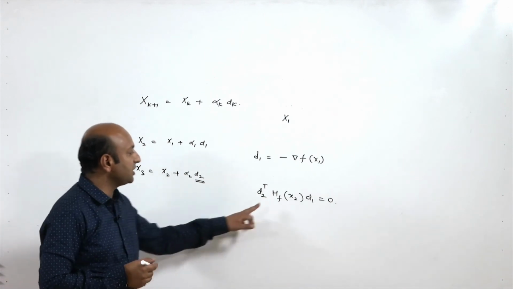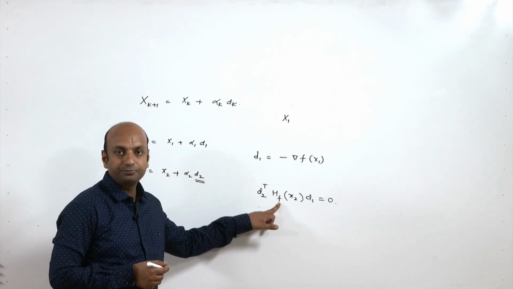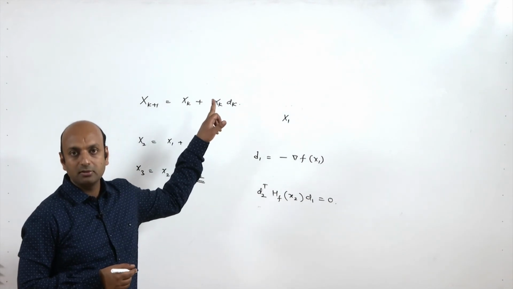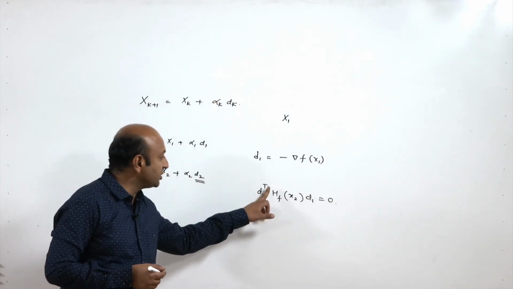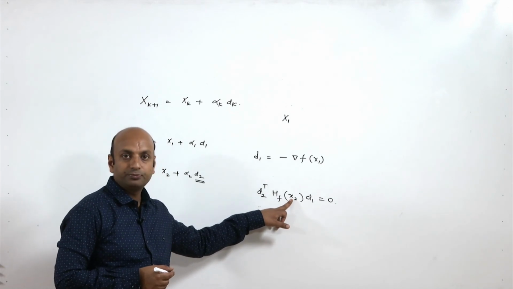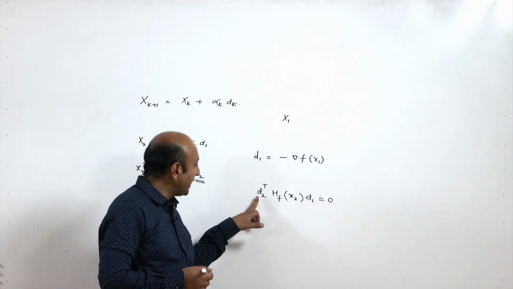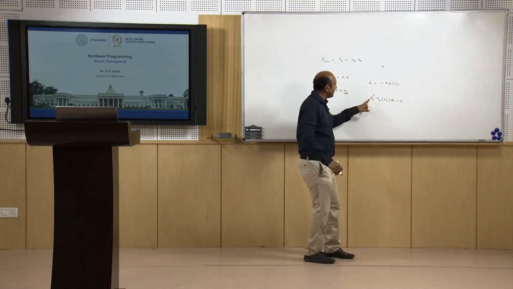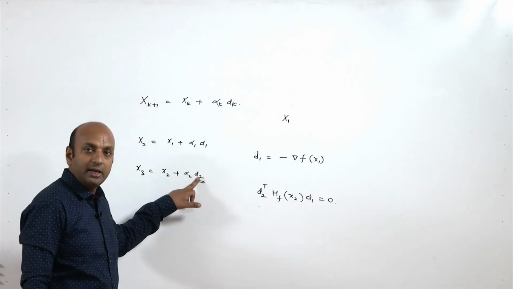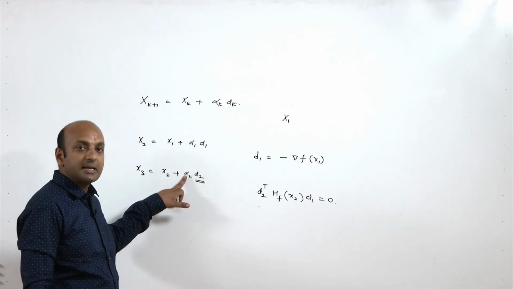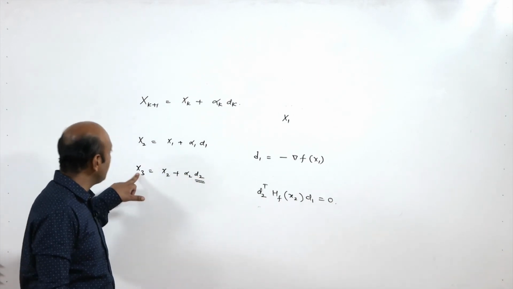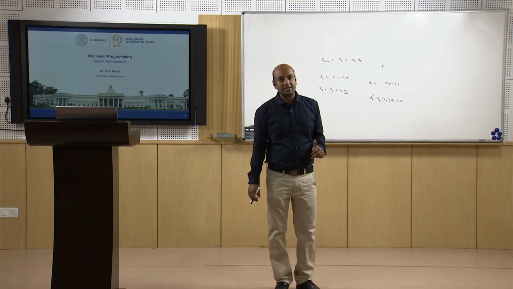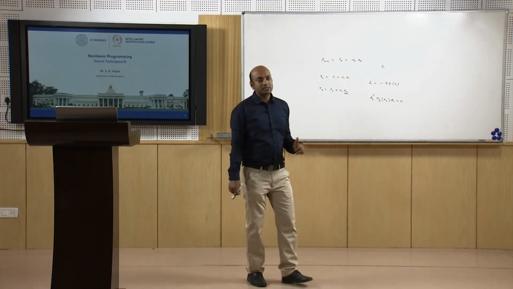Basically we find the Hessian matrix of f, where f is the given function which we have to optimize. Okay. We find the Hessian matrix of f at x 2, and we find a conjugate direction d 2 with respect to d 1. In this way we find d 2, and substituting d 2 over here, to find the optimal step size alpha 2, we again substitute x 3 in the given function, put the derivative equal to 0, find the optimal step size alpha 2, and the process repeats.